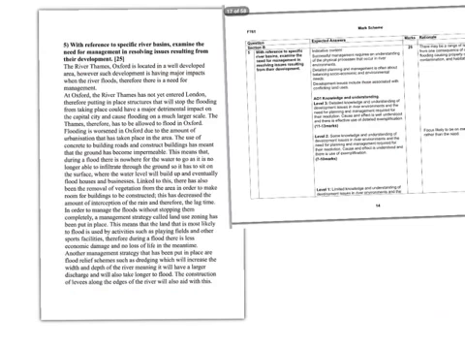Okay, for this last question, it's really important that we understand what the question is asking us. Now, we've got the need for management in resolving issues resulting from their development. A river basin such as the Thames needs to be managed as a result of issues.